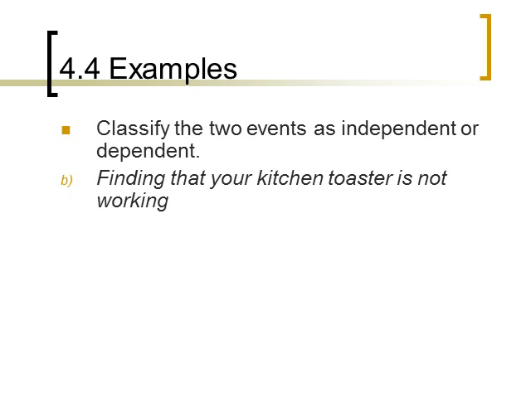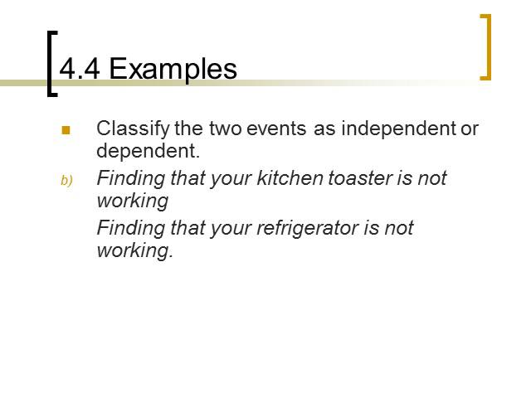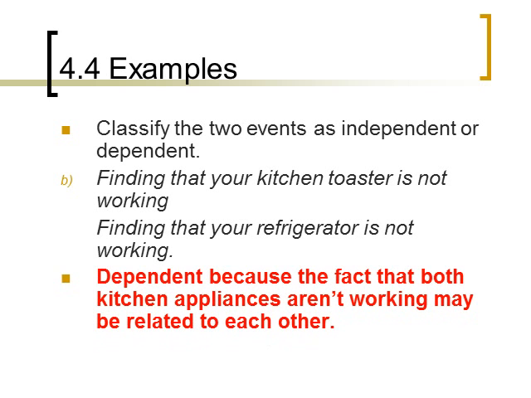Here's another example. Finding that your kitchen toaster is not working and finding that your refrigerator is not working. So do these events have anything to do with each other? Well, possibly. I would classify this as dependent because the fact that both kitchen appliances aren't working may be related to each other. Perhaps a fuse has blown in that kitchen area, and so that's causing the appliances to not work.